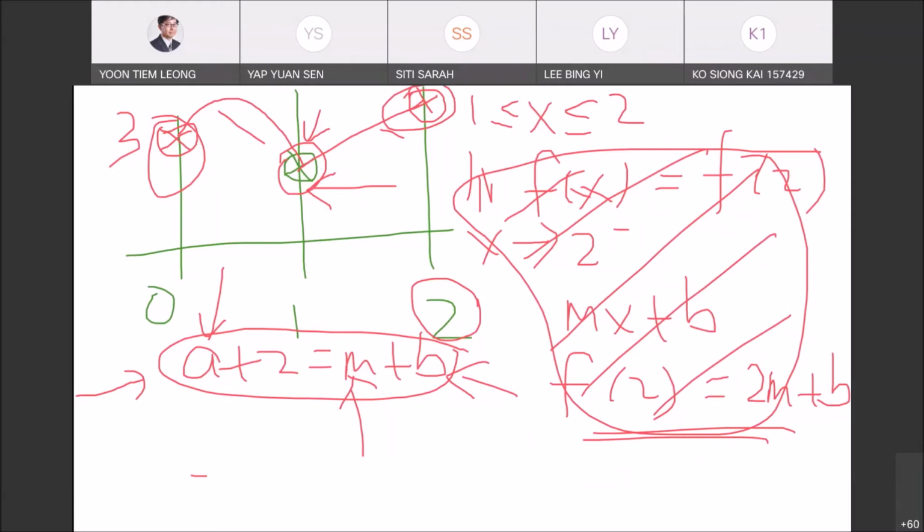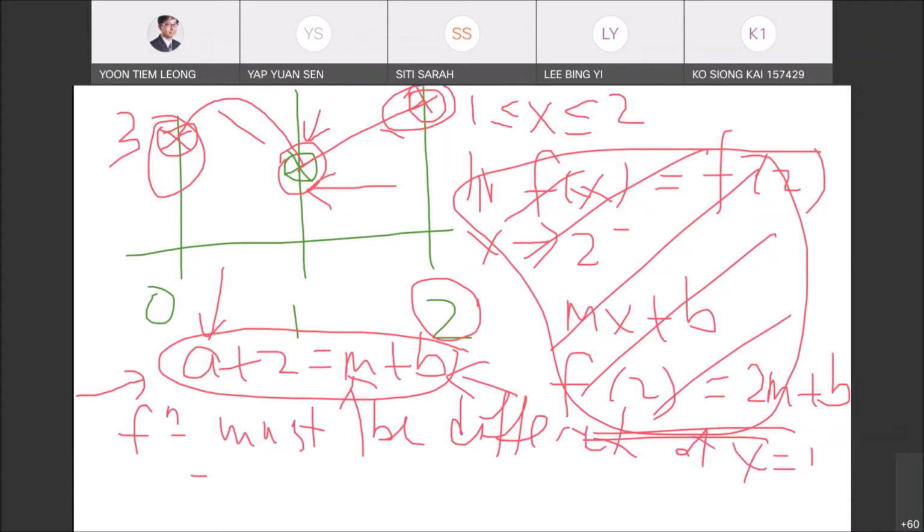So we use the statement that the function must be differentiable at x equals 1. That is the application of the mean value theorem. The mean value theorem requires a function to be differentiable at every point, so it must be true also at this point.